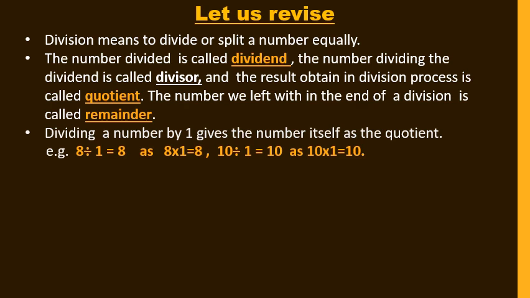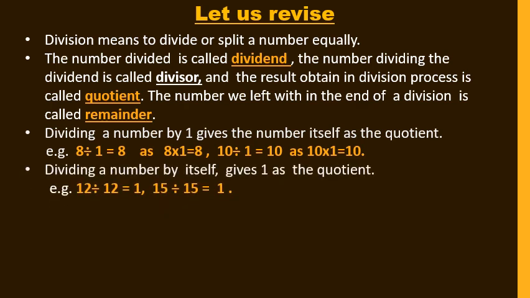For example, 8 divided by 1 gives us 8, as 8 ones are 8, we know that from the multiplication table. Similarly, 10 divided by 1 gives us 10, as 10 into 1 is 10.